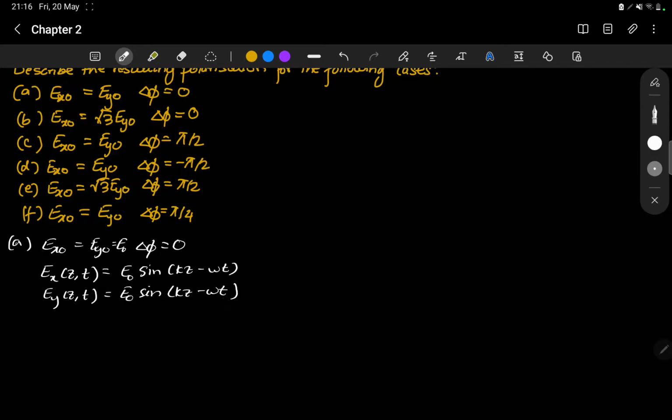Delta phi is 0, so we have the same expressions for both Ex and Ey. So this is a case of Ex equal to Ey. So this is the case of linear polarization.